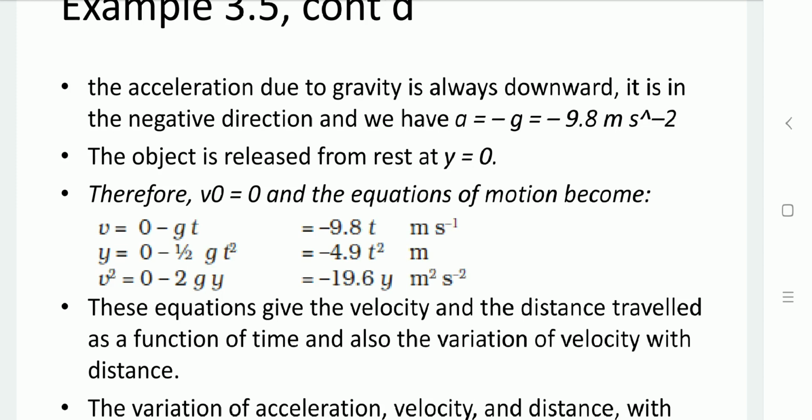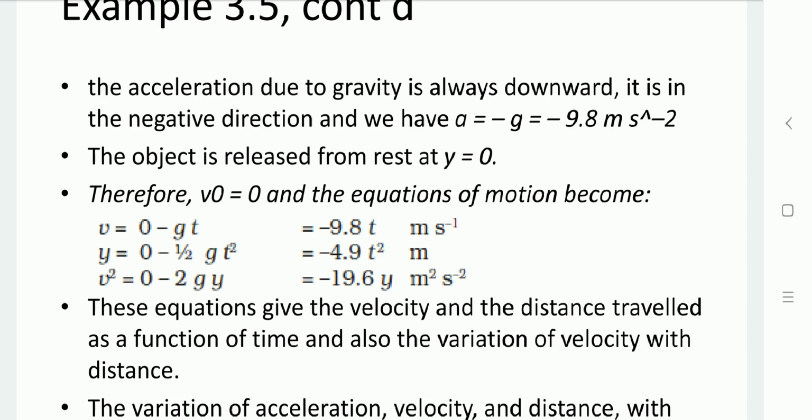So these kinematic equations, rewritten for free fall, give the velocity and distance traveled as functions of time, and the variation of velocity with respect to distance.